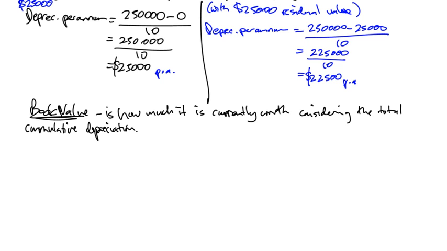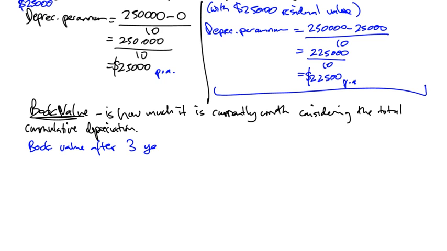So let's use the blue example here. What would the book value be? What would the item be worth after 3 years? Well, we've said that it goes down by 22,500 per year, the straight line method. So how much would it go down after 3 years?